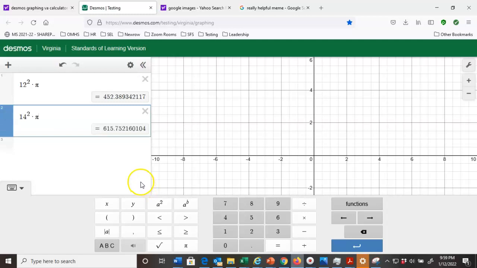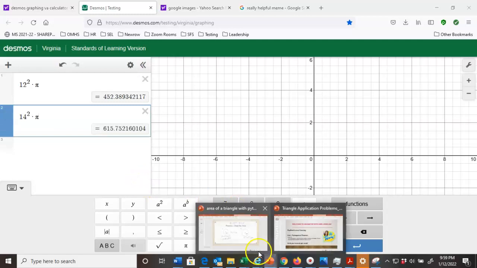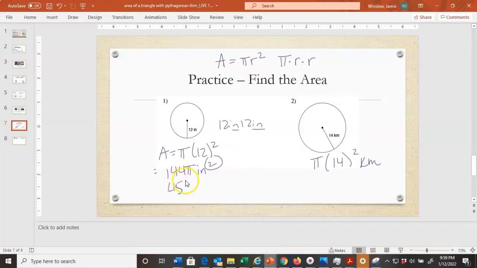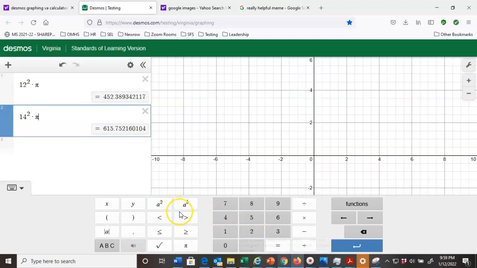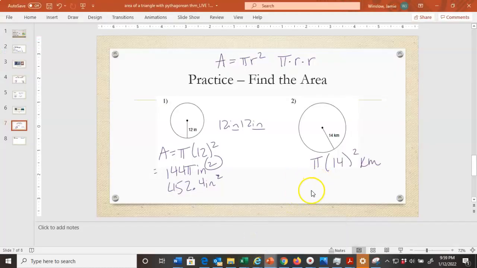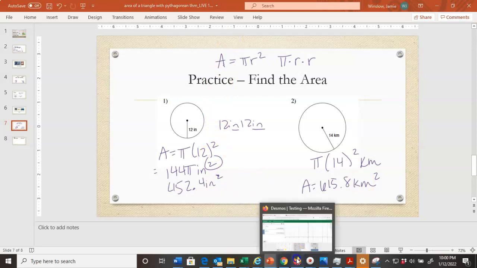So 452.4 inches squared, and 615.8 kilometers squared. Okay, that's it, you guys. I hope that you found that to be pretty straightforward.